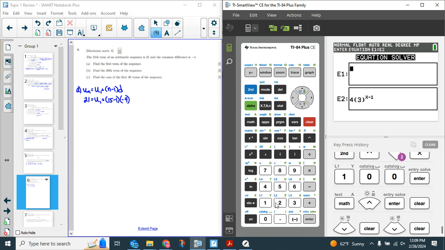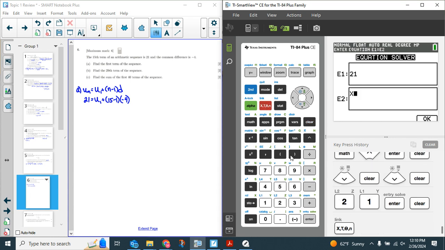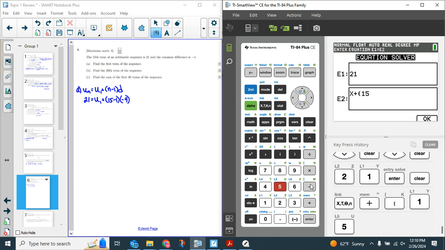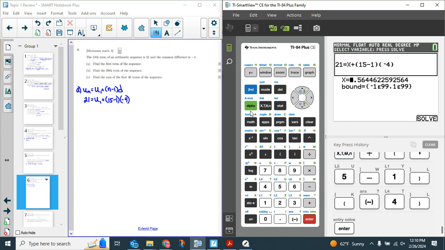All right, so we can have 21, and my u1 will just be x plus 15 minus 1. Of course, you could just make that 14 if you really wanted to, times -4. Alpha enter here to solve. All right, so u sub 1 is 77.